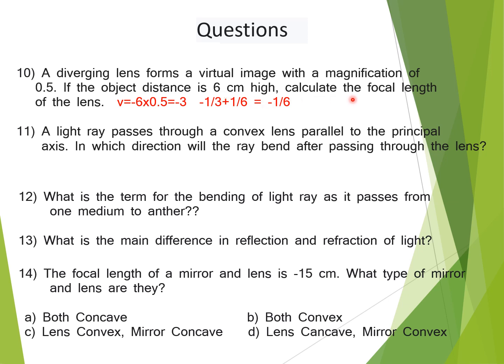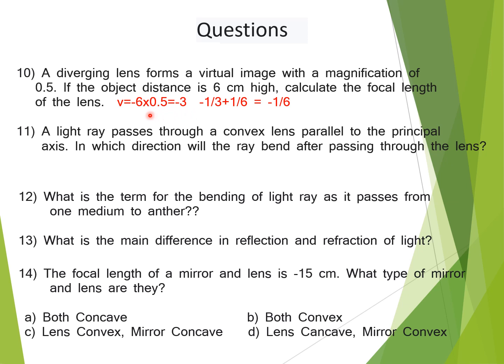We have to calculate the focal length. M is equal to V upon U, so 0.5 is equal to V upon minus 6 centimeter. So V will become minus 6 into 0.5, which is minus 3.